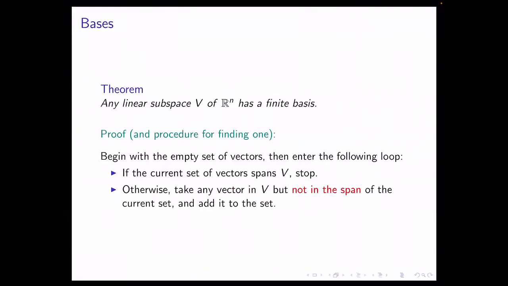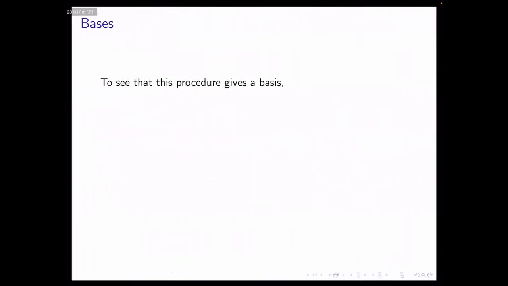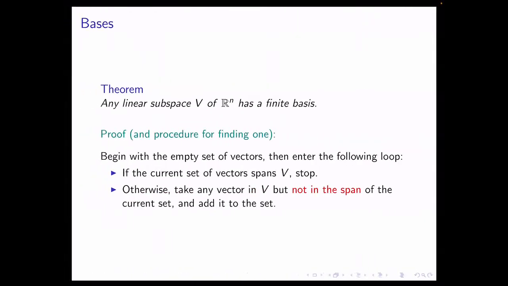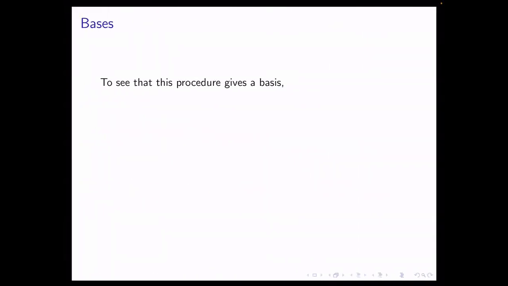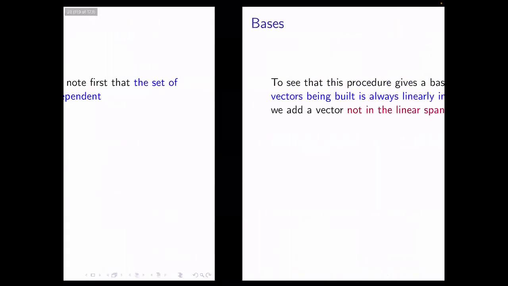So you would start, say, with taking the first vector. And then you just do it over and over again until the set of those vectors spans the entire subspace. To see that this procedure gives a basis, note first that the set of vectors being built is always linearly independent.